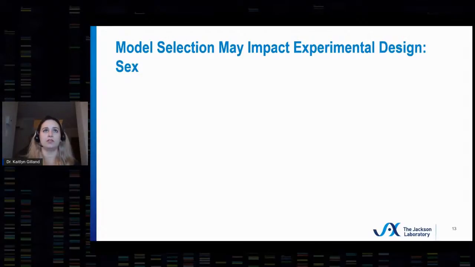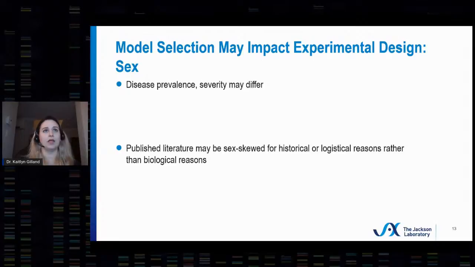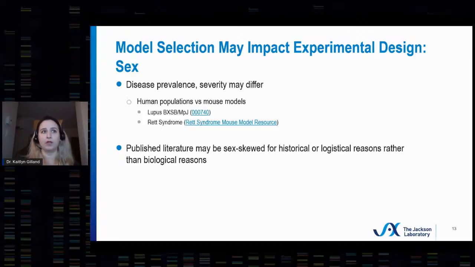Now, I also want to talk about disease prevalence and severity based on sex. The disease prevalence and severity may differ. Two examples of this would be the lupus model that we have.